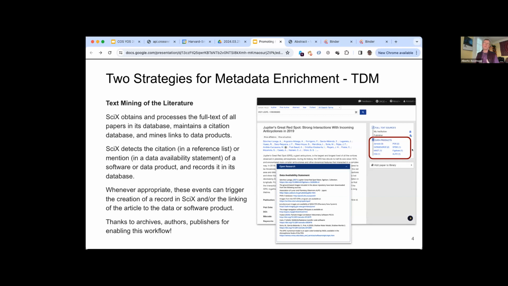Whatever links appear in a data availability statement, we say, okay, these must be data links, and we capture them and make them available through our interface. Even though we obviously prefer DOI links, at this moment we're capturing all links in the hope that they would be useful for reproducibility purposes.